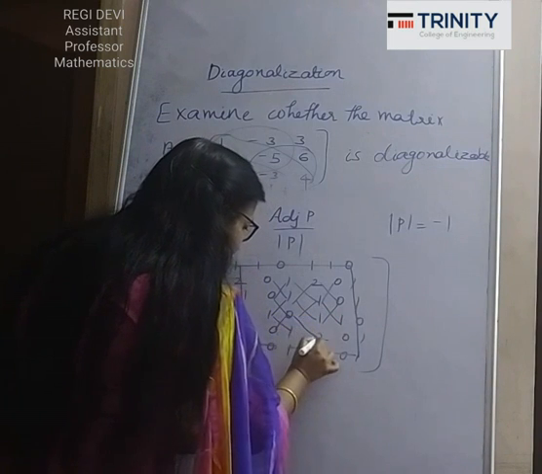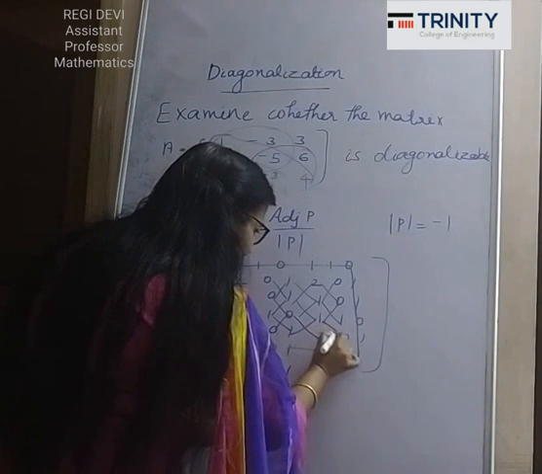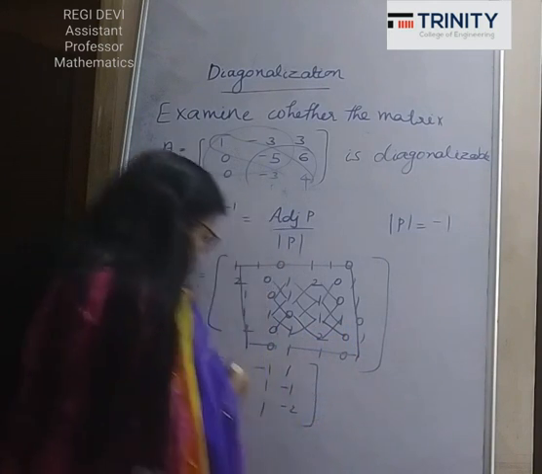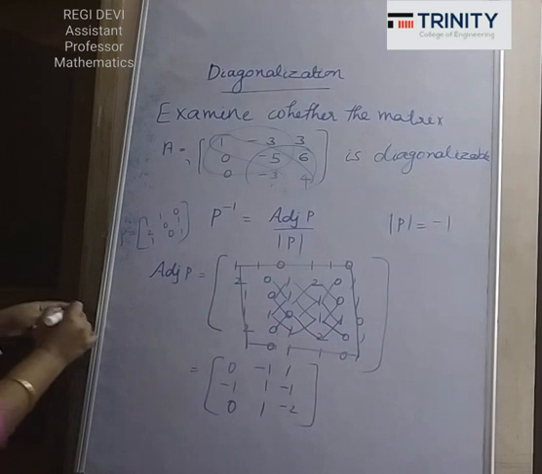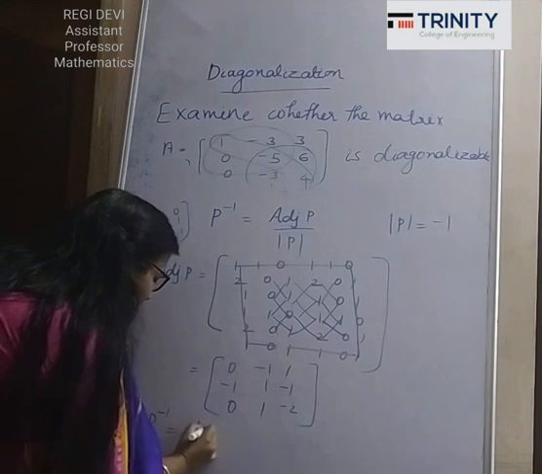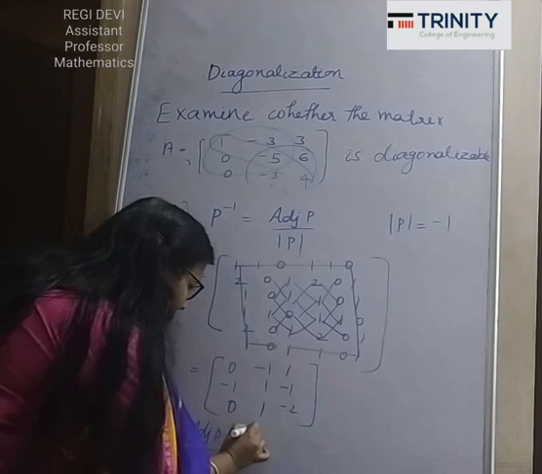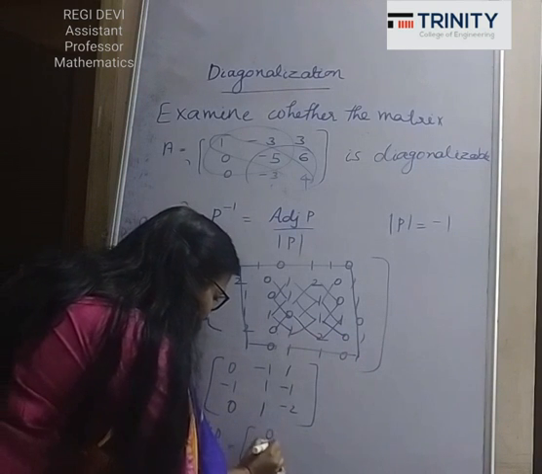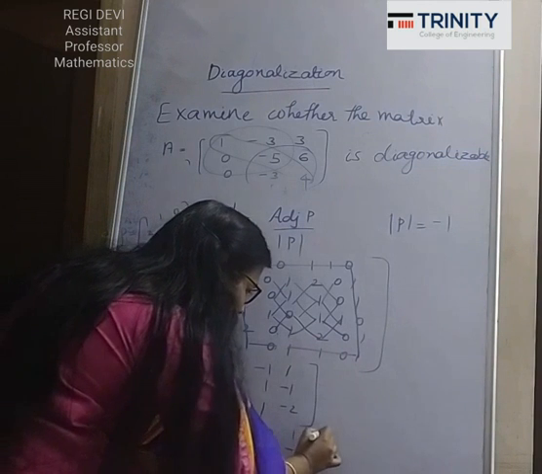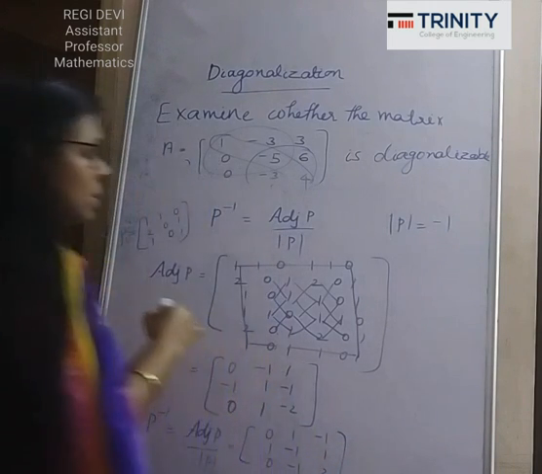Then 0 minus 1. Then 0 minus 2. This is adjoint P. Then P inverse is adjoint P by determinant P. That is 0 1 0 1 minus 1 minus 1 minus 1 1 2. This is P inverse.